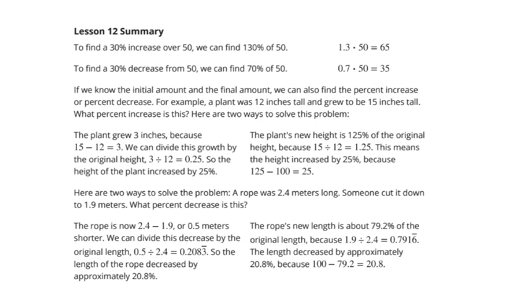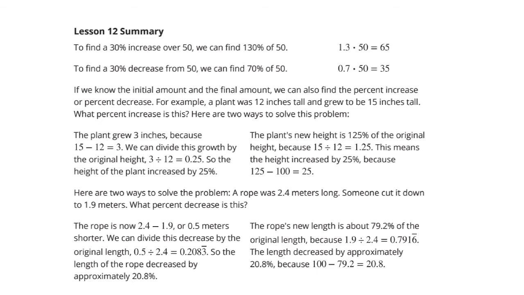A rope was 2 4/10 meters long. Someone cut it down to 1 9/10 meters. What percent decrease is this? Well, if we find how much it decreased, 5/10 of a meter by subtracting, we could take 5/10 divided by the original 2 4/10 to get this funky decimal, and then move the decimal point over twice to the right because we multiply by 100 to go from decimal to percent.